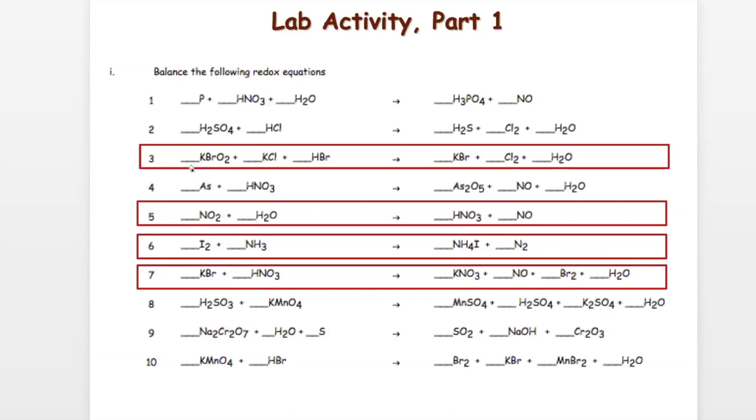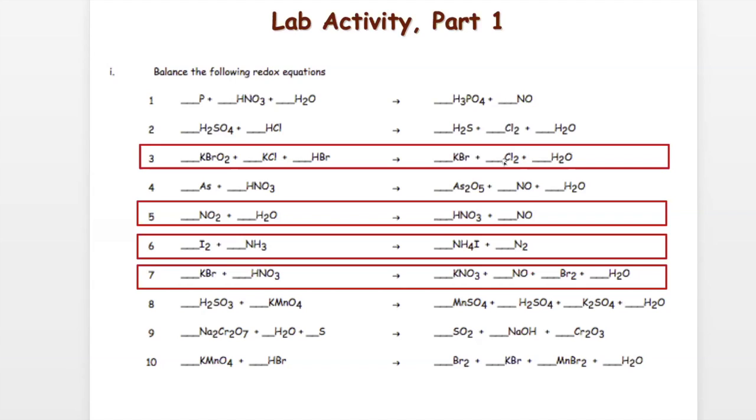Okay, I'm just going to walk you through this. The ones that I circled in red are the ones that are probably difficult to start. Potassium, KBrO2. That particular chemical will probably go to KBr, and that's it. KBrO2 will go to KBr. Why? Because I don't have to worry about oxygen because I can introduce oxygen by water. So there's a potassium on both sides, a bromine on both sides. The other half reaction would be KCl.